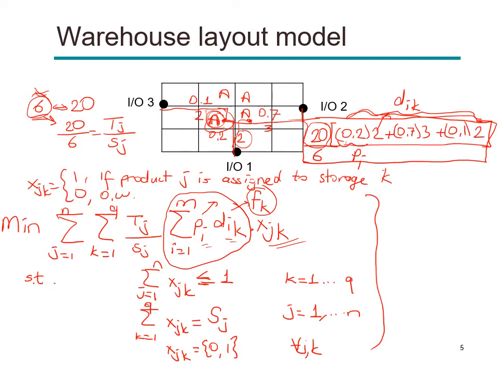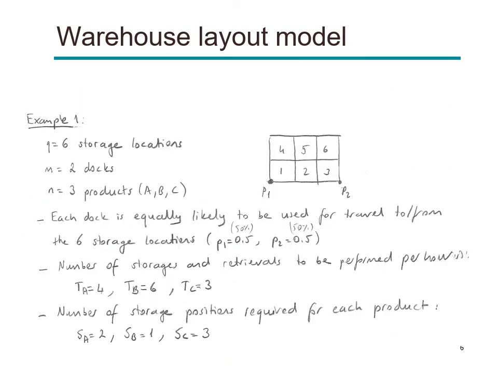So we will make an example to understand what we are doing in this objective function and what f_k is in fact. Let's consider this simple example in which we have in total 6 storage locations. We numbered them as 1, 2, 3, 4, 5, and 6. We have 2 docks, P1 and P2.